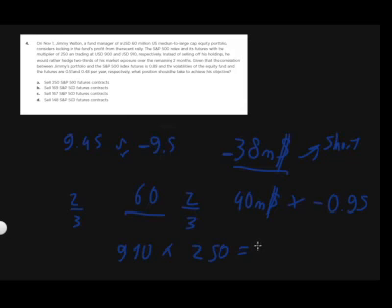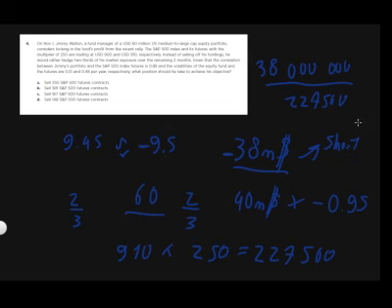That would roughly be $227,500. Then we need to divide $38 million by $227,500 in order to get the amount, which I think is roughly around 167 futures contracts. So the answer would be C.